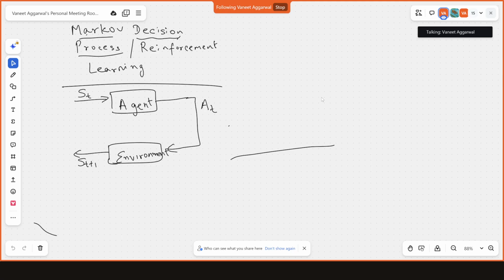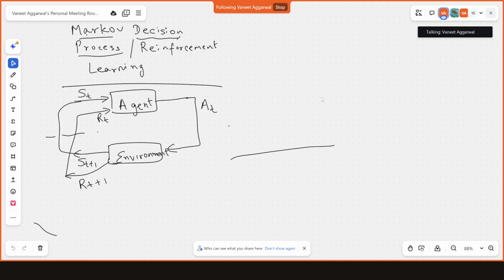The environment also tells how good the decision is by giving a reward. The state and the reward go to the agent to make the decision. There's a time wall here, so t plus 1 at the next time becomes t.